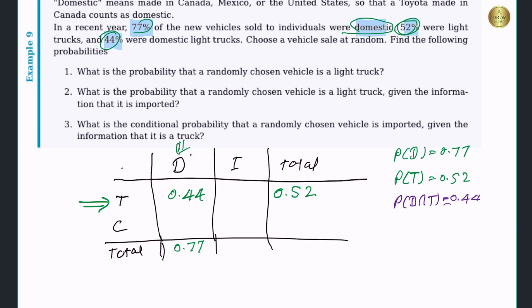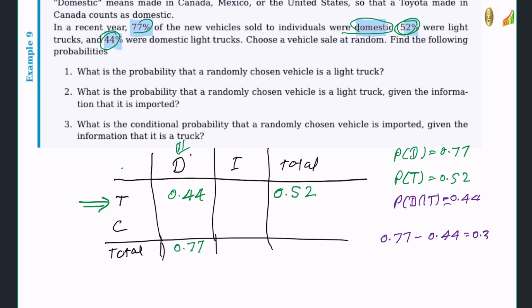Now how do we fill the rest of the table? We can fill this one here next. How do we fill this one? We know the total probability of domestic is 0.77 and domestic truck is 0.44. Then what is the probability of domestic cars?